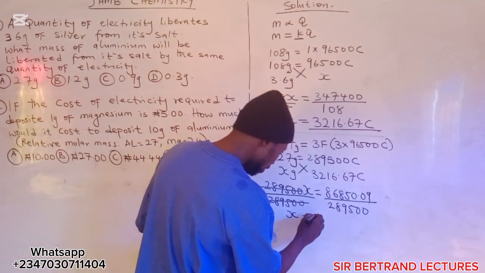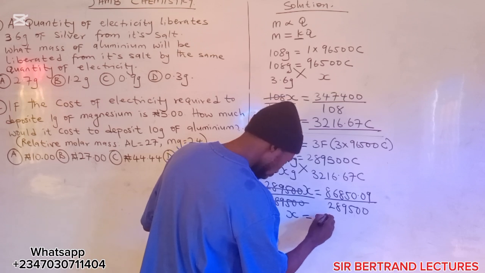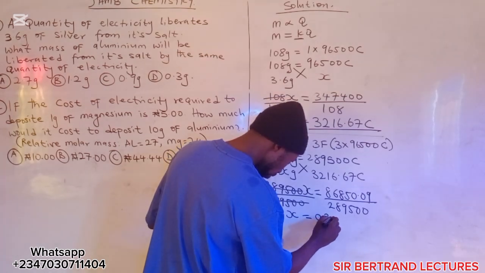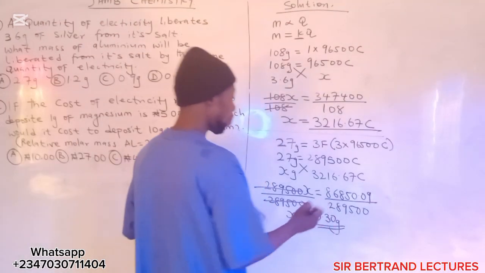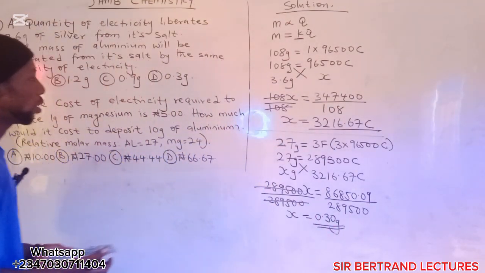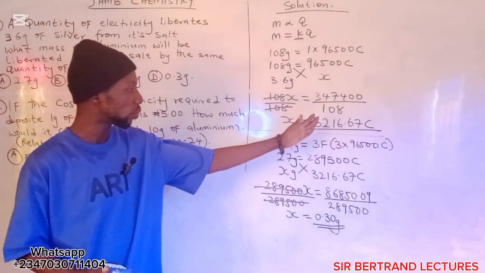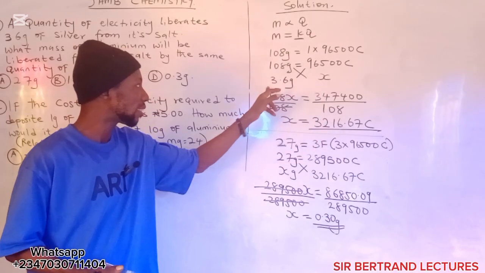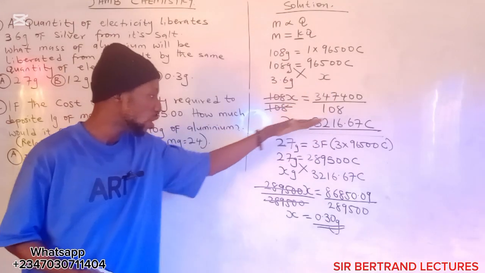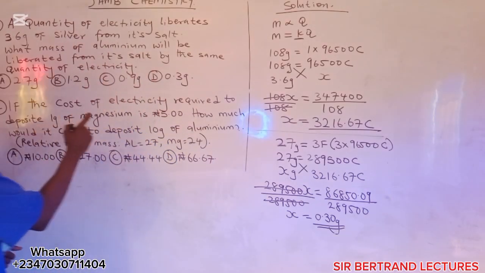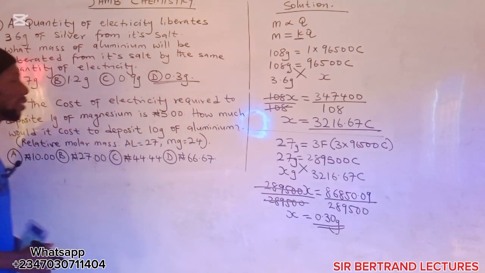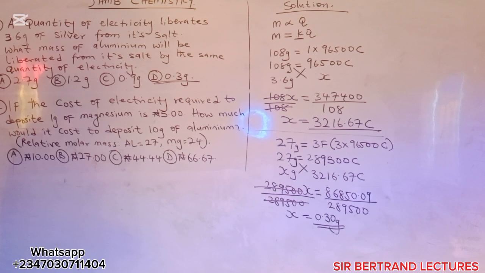That will give us 0.30 gram of aluminium. The same quantity of electricity that liberated 3.6 grams of silver will liberate 0.3 gram. So the answer here is D. Option D is the answer.